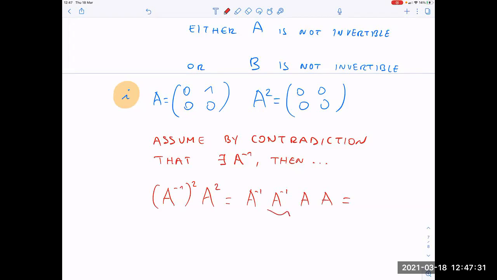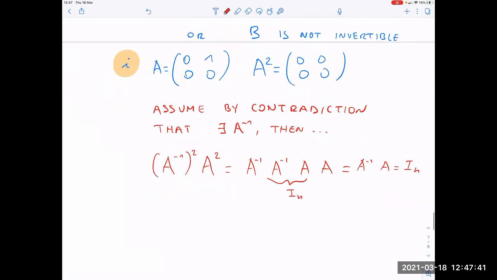I will get the identity here. So I will get A minus 1 A, and so I will get the identity, right? So this means that A minus 1 squared is the inverse of A squared.